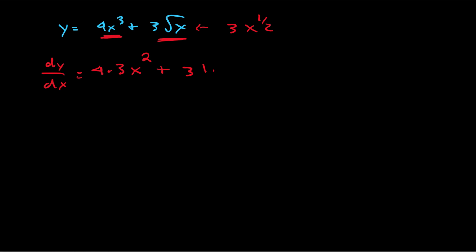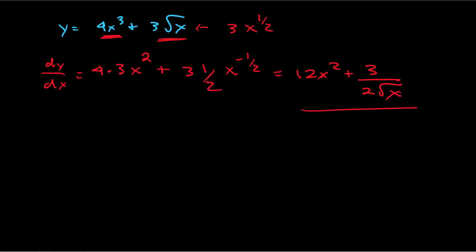So we'll have 3 multiplied by 1/2, and then x to the minus 1/2, which gives us 12x squared plus 3 over 2 square root of x. Let us look at the graph of this.